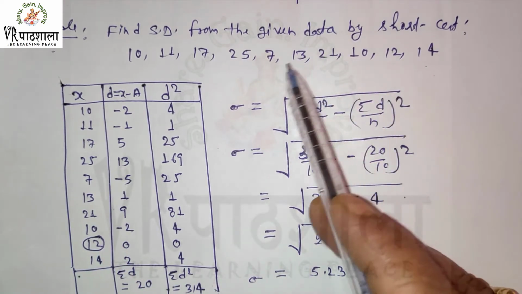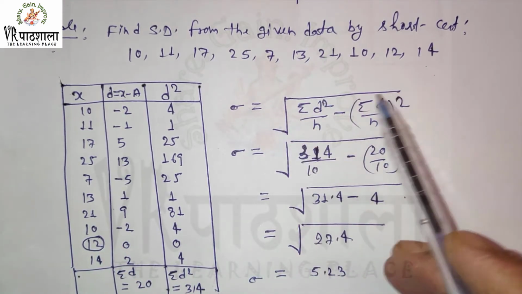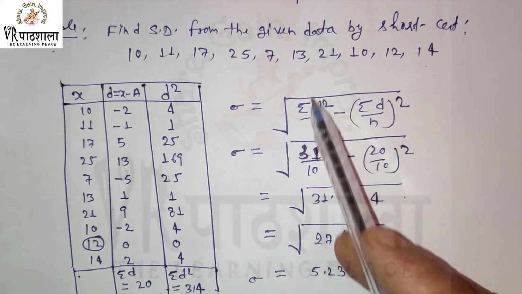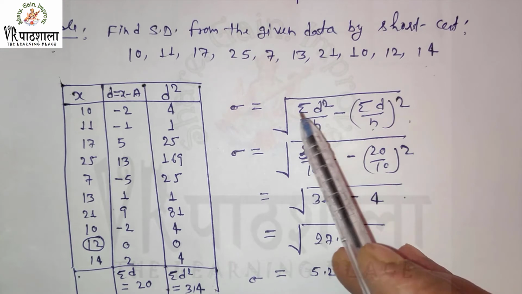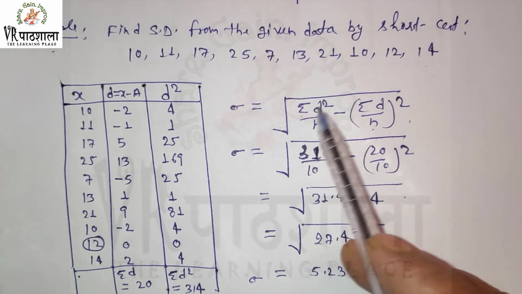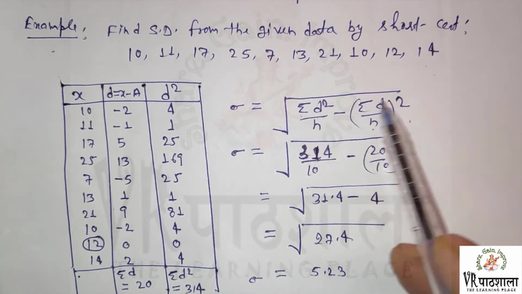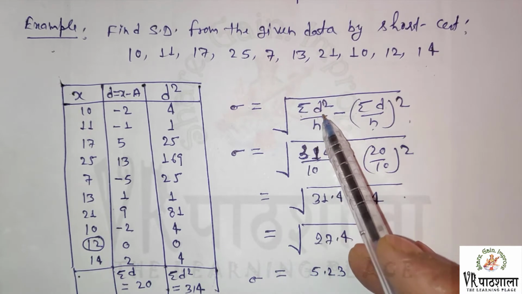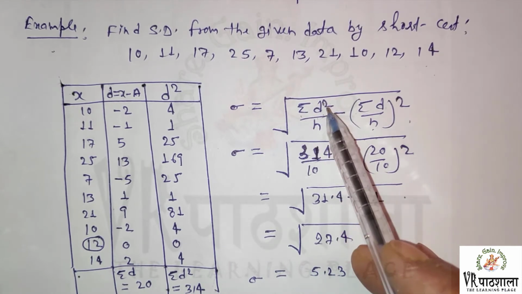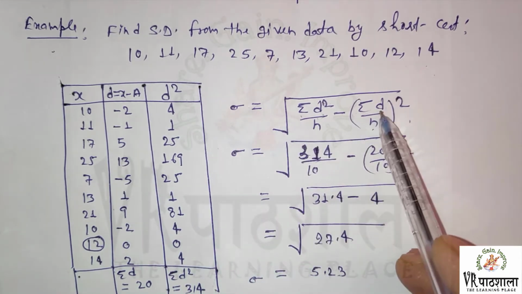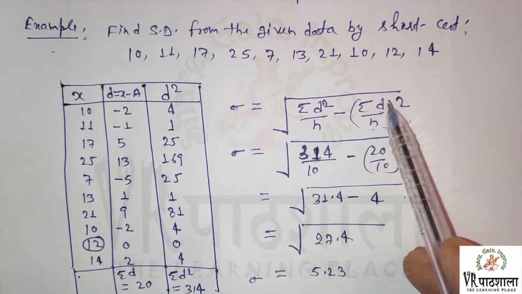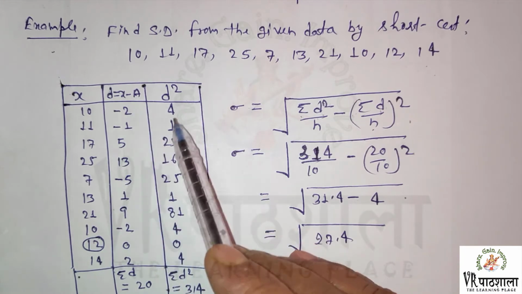The formula for standard deviation by the shortcut method is the root of summation d square over n minus the square of summation d over n. So we need summation d square and summation d, so we need a column for d square and a column for d in the table.